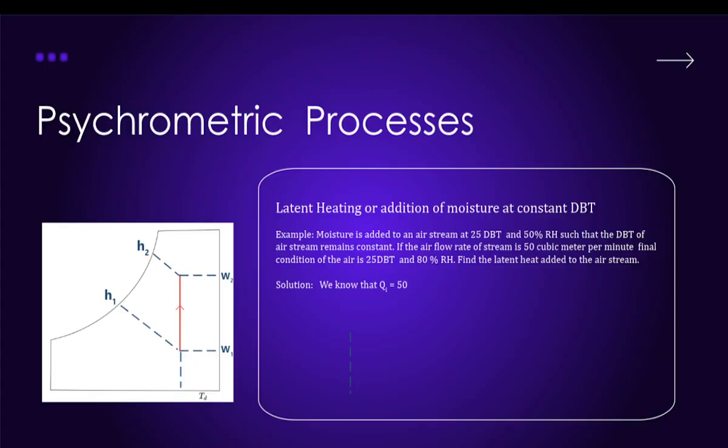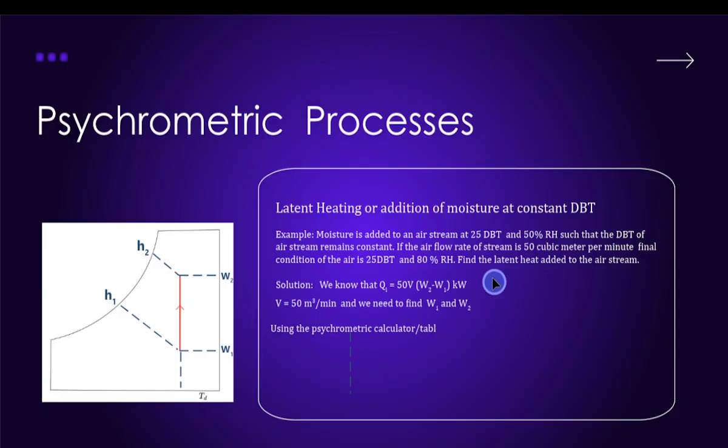So here W1 and W2 are needed, and at this dry bulb temperature we will apply the formula 50 V (W2 minus W1). This will give the approximate value. V is given here as 50 meter cube per minute, and W1 and W2 can be found using the psychrometric calculator or psychrometric chart.